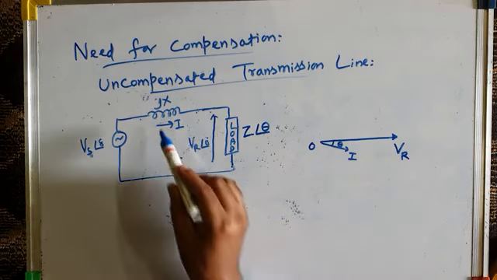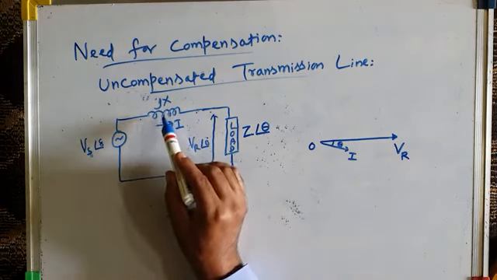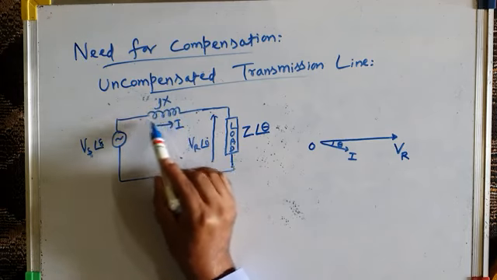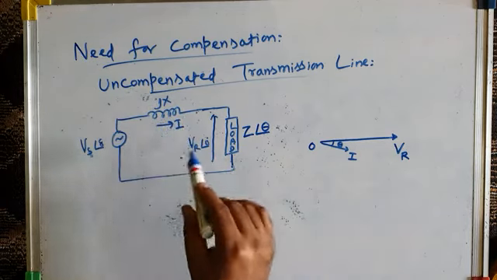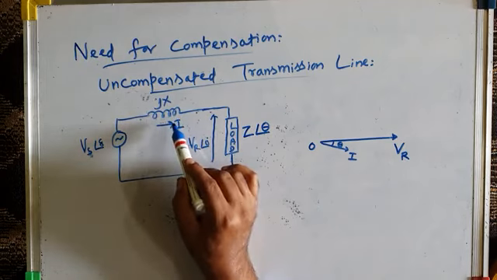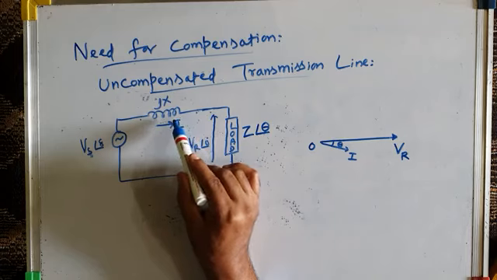The resistive part of the transmission line impedance is neglected here, because the transmission line reactance is predominantly very large as compared to resistance.